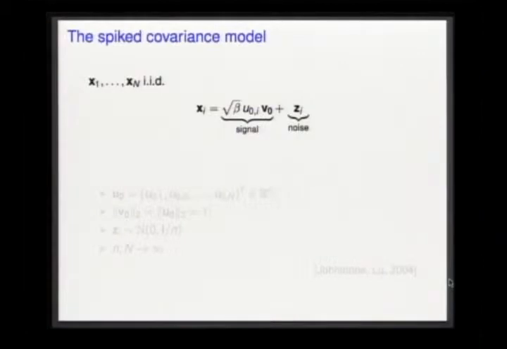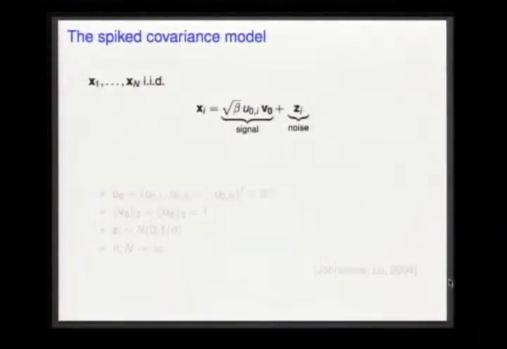So to tackle this problem, it's good to look at the simplest possible model. The simplest possible model is that your input data are represented as a sum of signal plus noise.